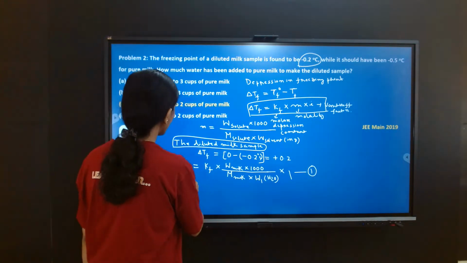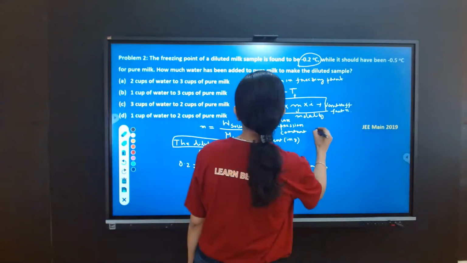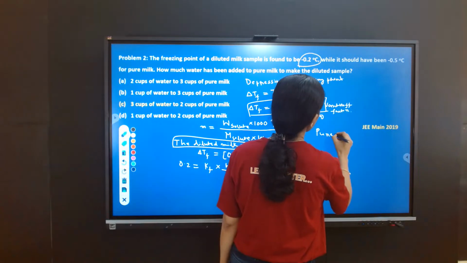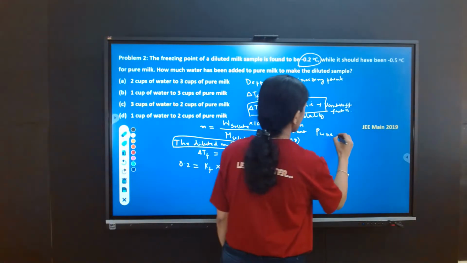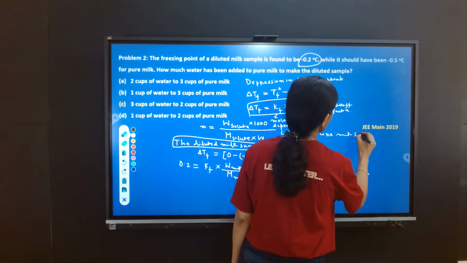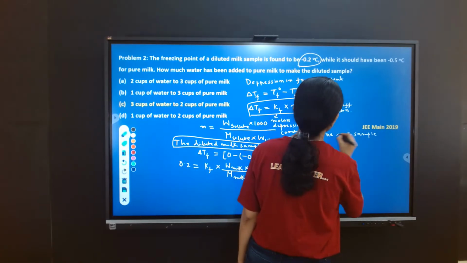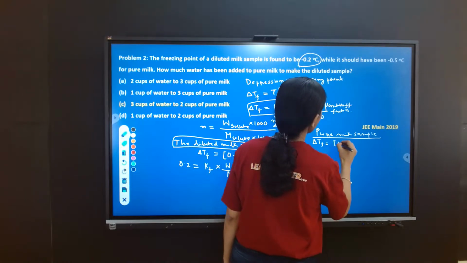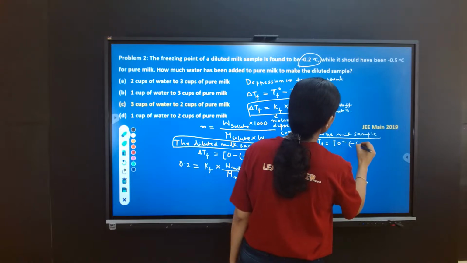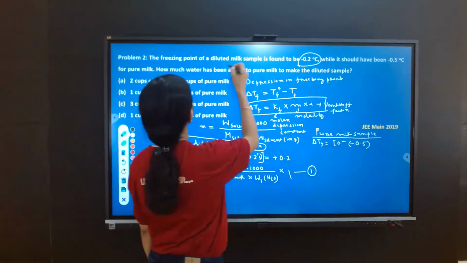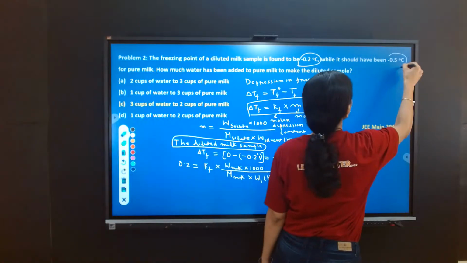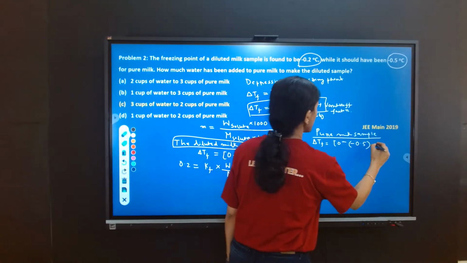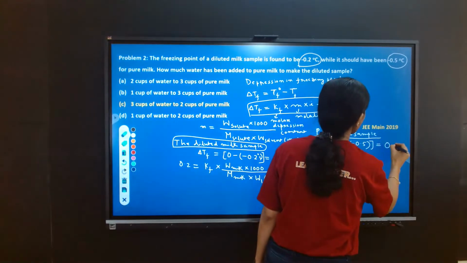Now, similarly for the pure milk sample, what can we write? We can do the same thing for the pure milk sample. So here also your delta TF is equal to 0 minus of minus 0.5, which has been given here, the previous one. Right? So this is giving you the value of 0.5.